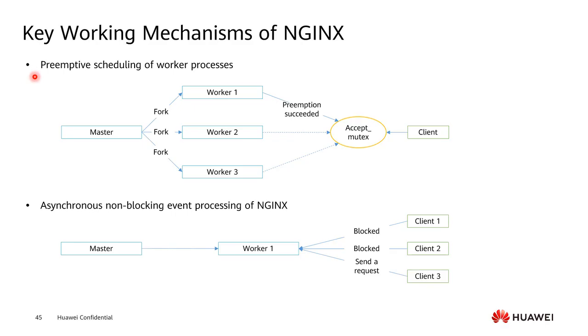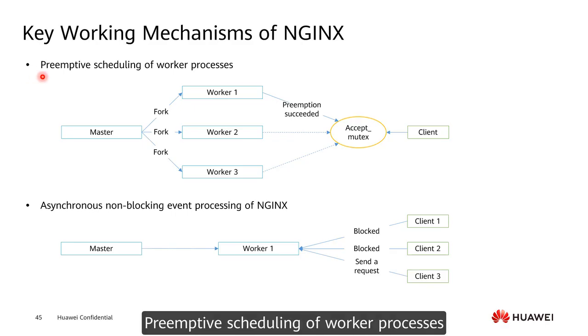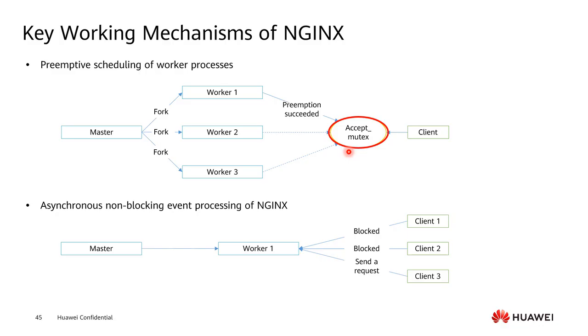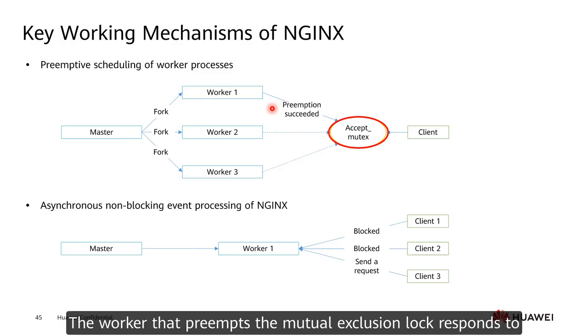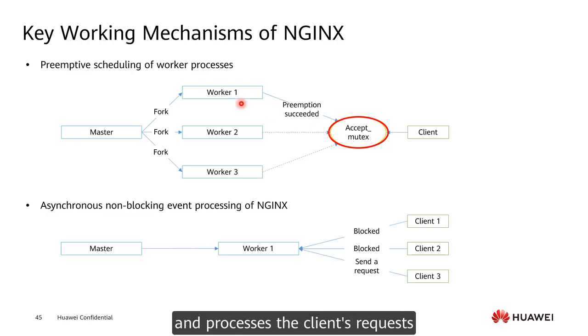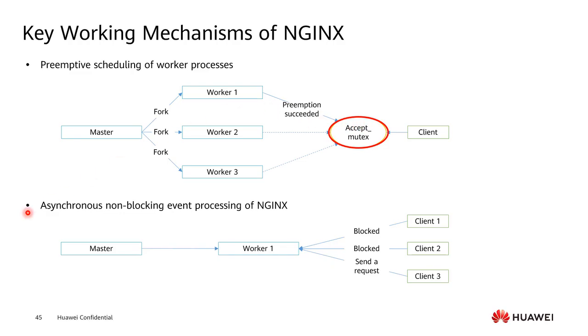The first one is preemptive scheduling of worker processes. When a client initiates a request, the accept mutual exclusion lock is activated. The worker that preempts the mutual exclusion lock responds to and processes the client's request.